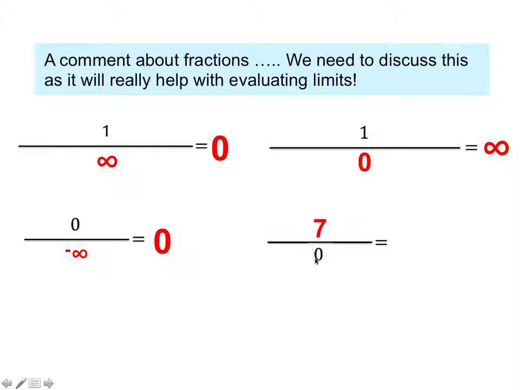And then if we take any number over 0, this is our big undefined, right? So this is, again, infinity or undefined or does not exist. This is our vertical asymptote. We'll come back to that comment a little later on.